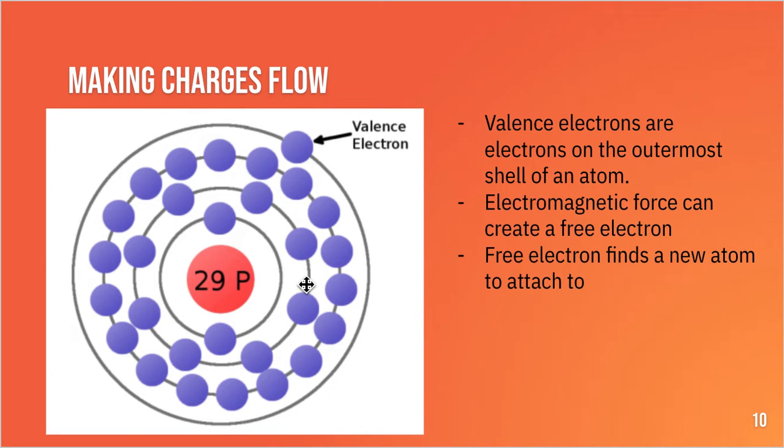Using enough electrostatic force on the valence electron, either pushing it with another negative charge or attracting it with a positive charge, we can eject the electron from orbit around the atom, creating a free electron using electromagnetic force.